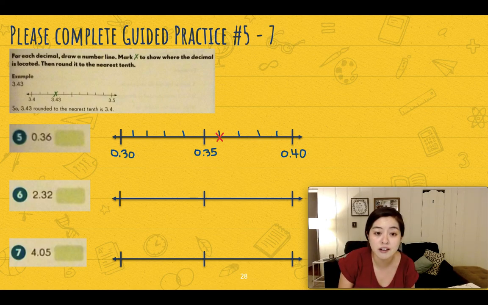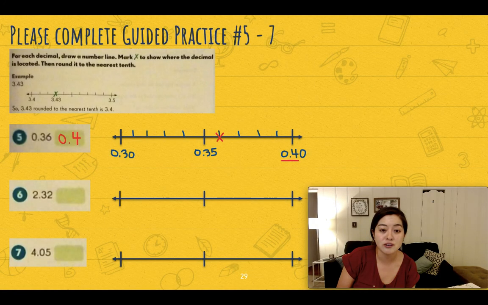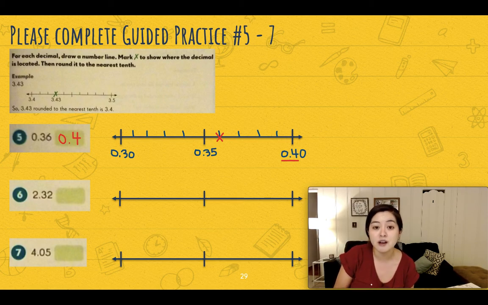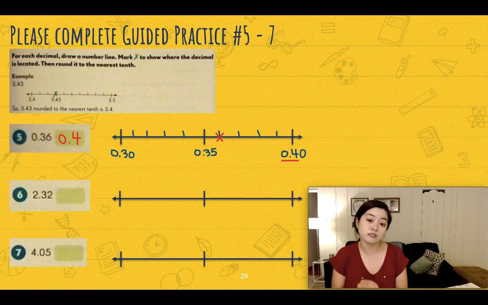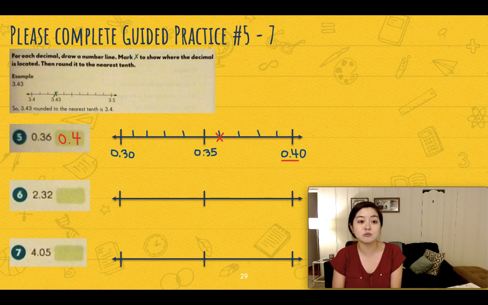It is 1 hundredth away from 35 hundredths, okay? And so, oh, I see that it's closer to 0.40, but again, I know that 0.40 is the same thing as 0.4. And so 0.36 rounded to the nearest tenth is 0.4.